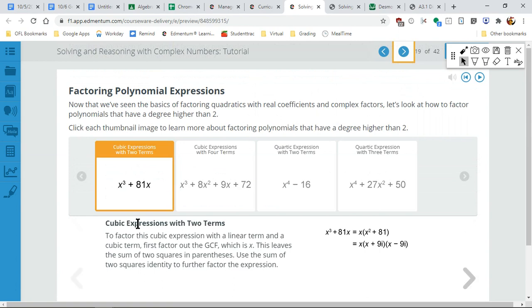Okay, so here, for example, an easy way of factoring this is just taking the GCF. If we factor out an x, we get x squared plus this. Guess what?